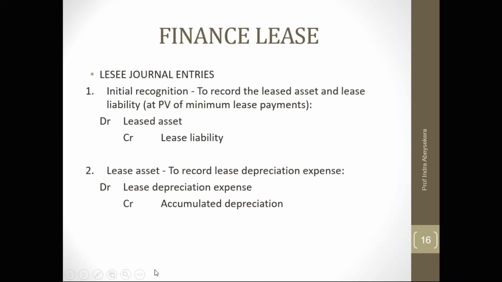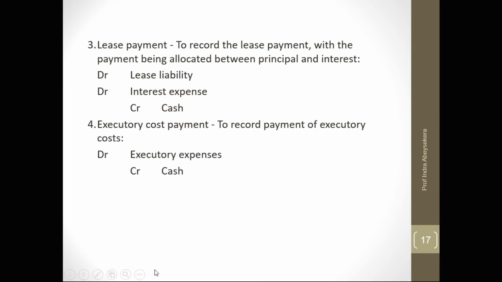In the finance lease situation, we record the initial recognition, we debit lease asset and credit lease liability, and then we would depreciate the lease asset. We debit lease depreciation expense, and credit accumulated depreciation.